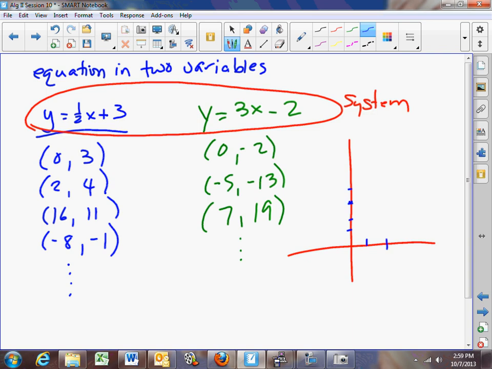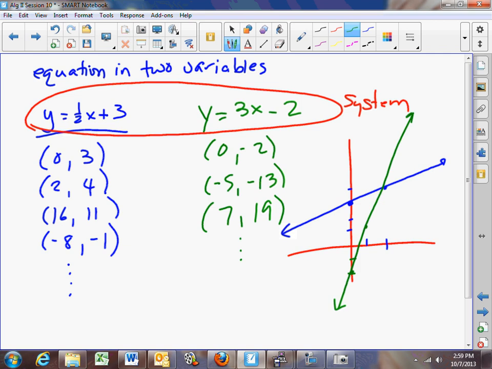We would have 3, and we'd have this one. This would be just a quick sketch of perhaps what the graph would look like for the blue equation. And then 3x minus 2, here's -2, and if we go 3, we're getting something that looks like this for the green equation.